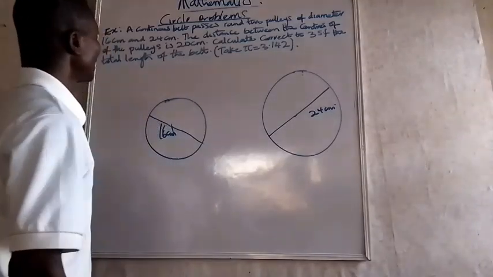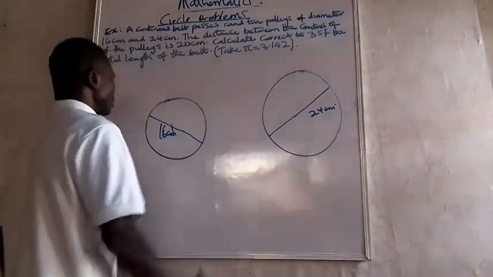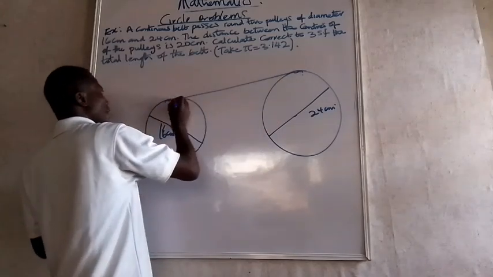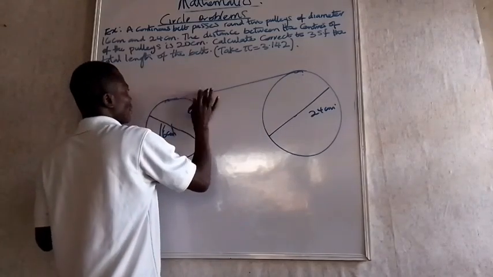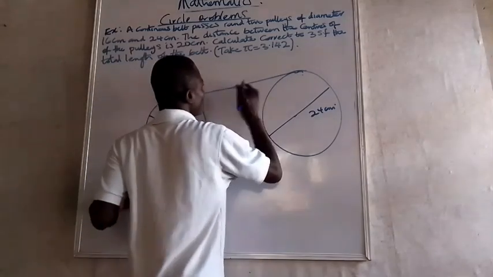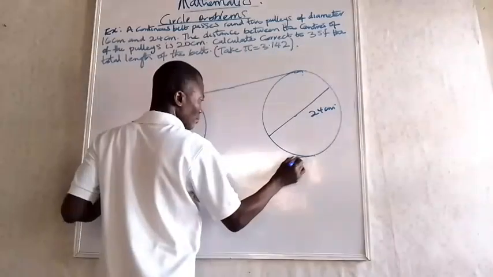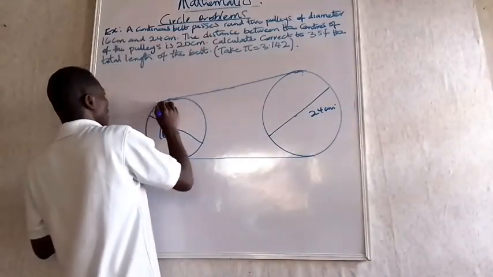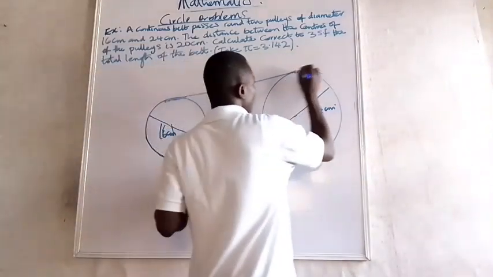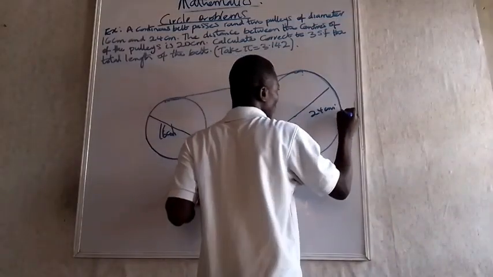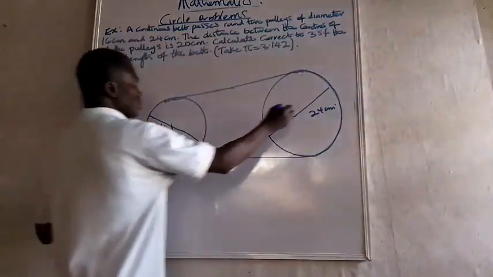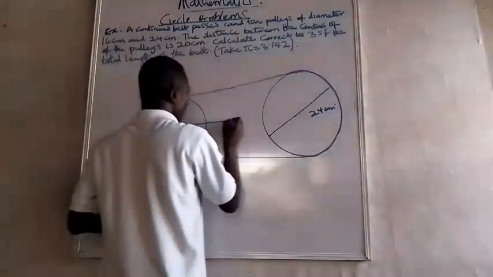We are now told that a continuous belt passes around the two pulleys. So a portion of the belt will be like a tangent, going round it like this. The other one too, moves round. I was also told that the distance between the two centers is 20 centimeters.